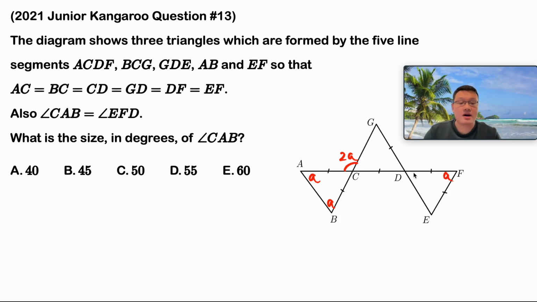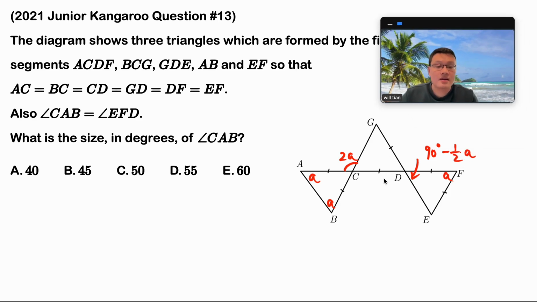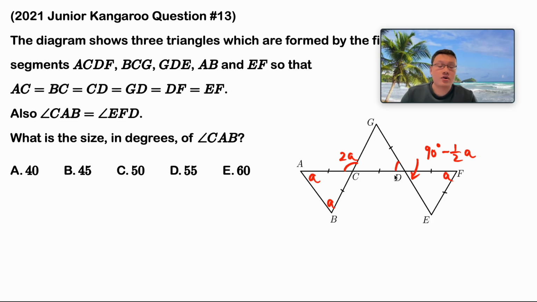That'll be 90 minus half of A, right? Since this angle and this angle are vertically opposite, this one will be 90 minus half A as well.